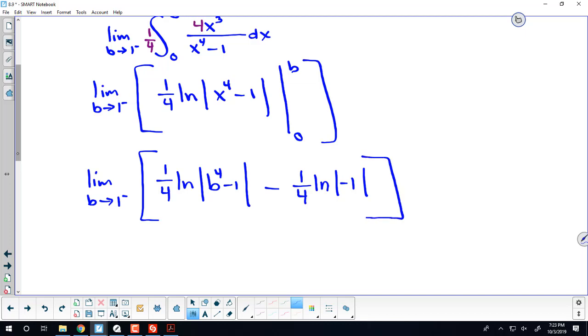All right. So then our second term is just 0. ln of 1 is 0.